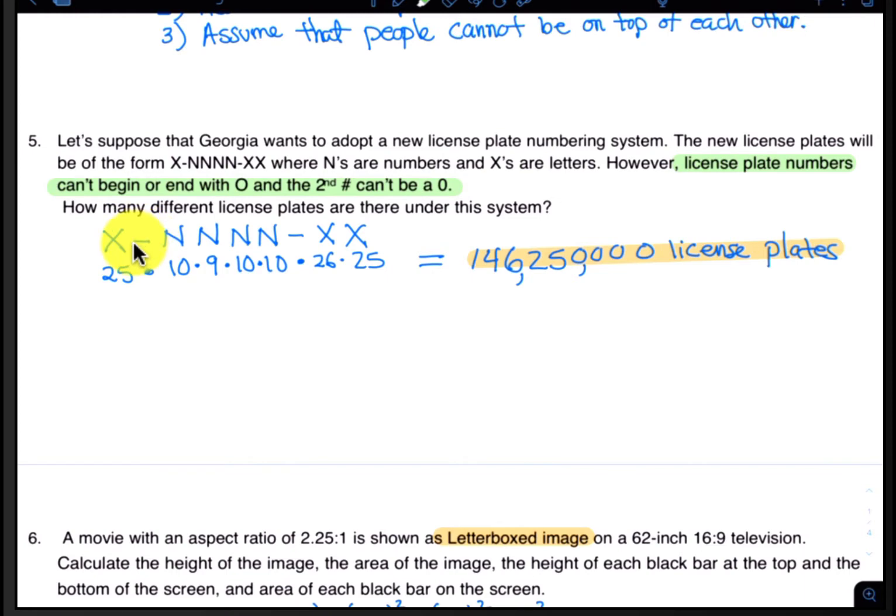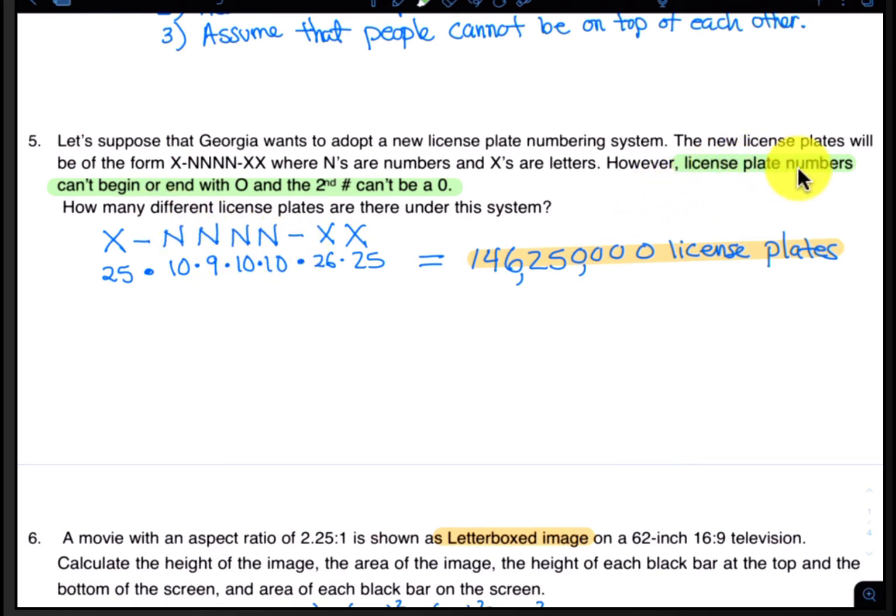All right, for question 5, we're looking at this license plate format. The license plate is in the format of X-NNNN-XX, where all the X's represent letters and all of the N's represent numbers. But there are some conditions.